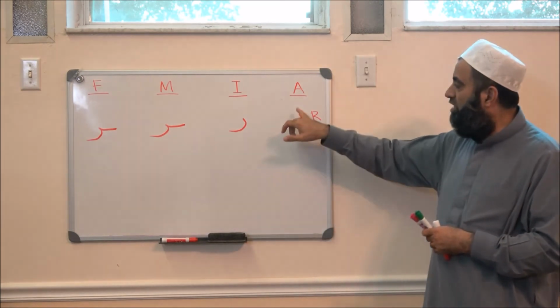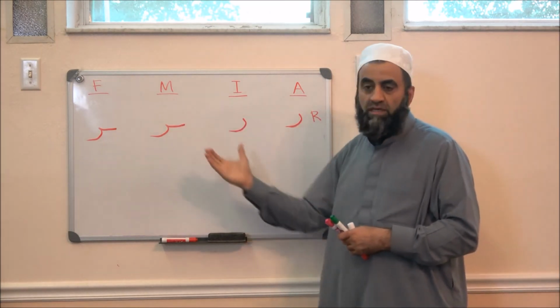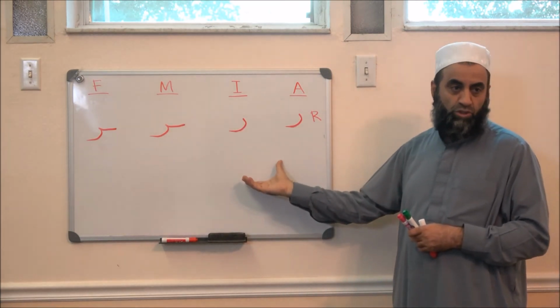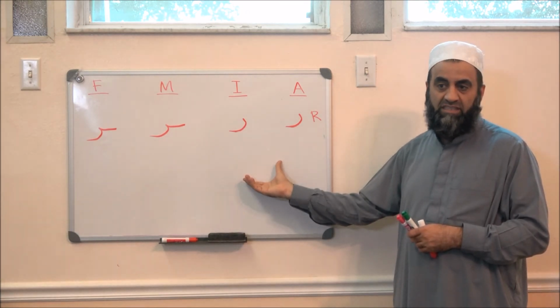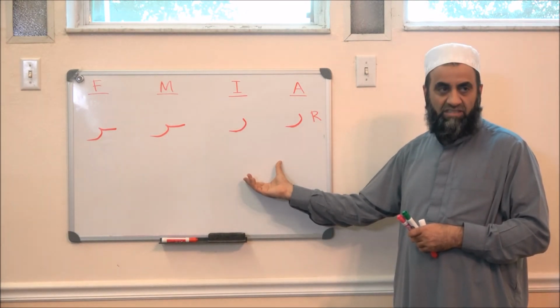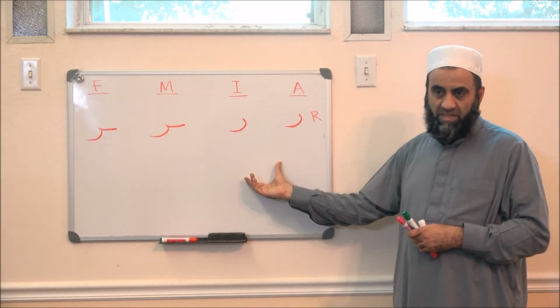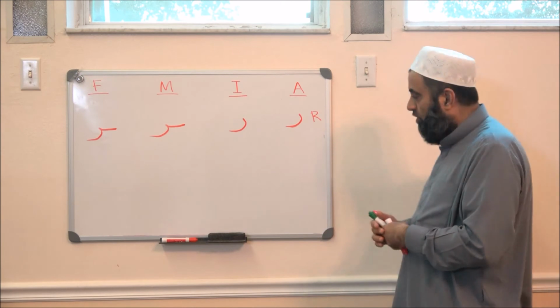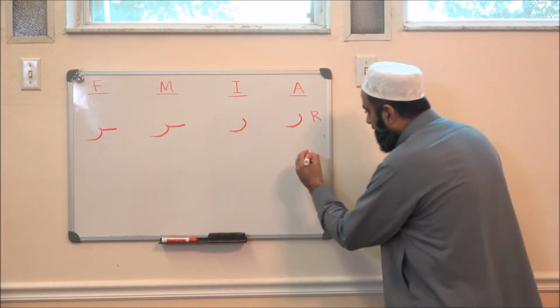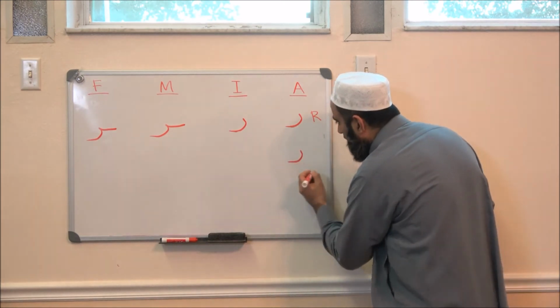Now just by putting a dot on the top, the exact same shape, which is the twin sister of the ra, is the za sound. Za, like Zayd, Zaytun. So let's do it. Here's the basic shape again.